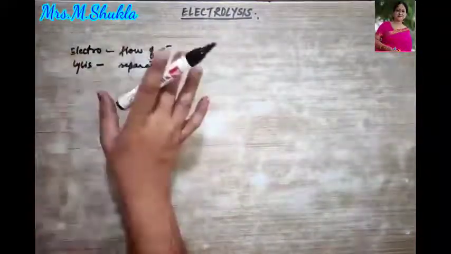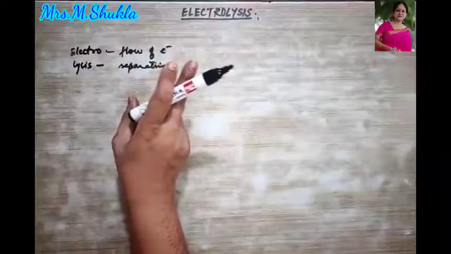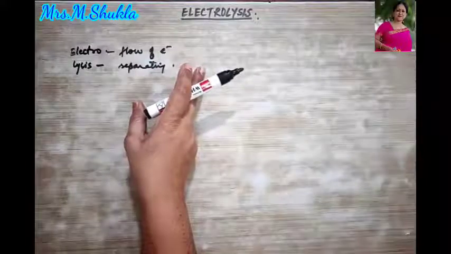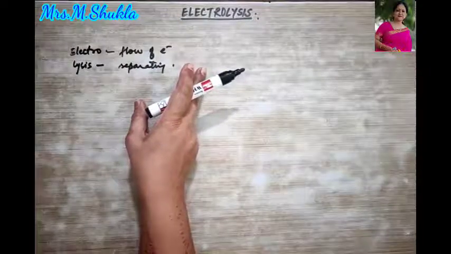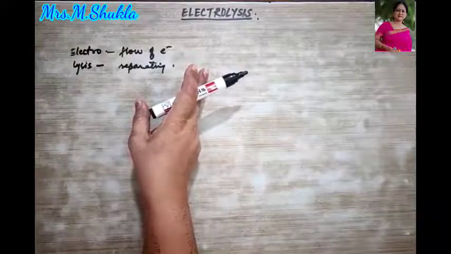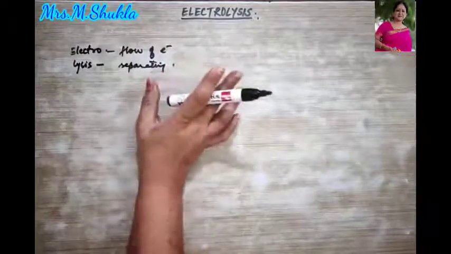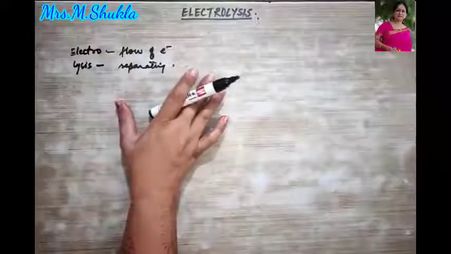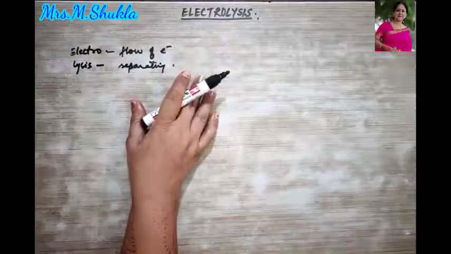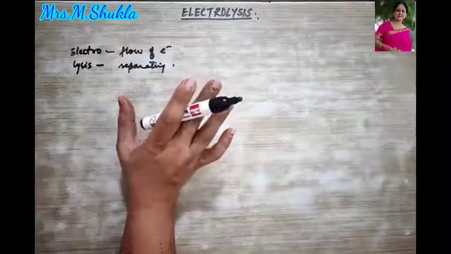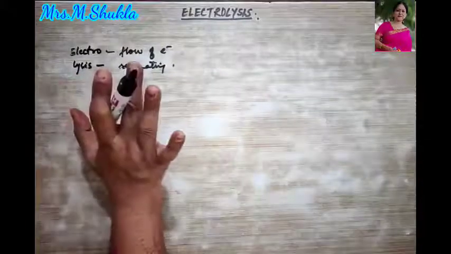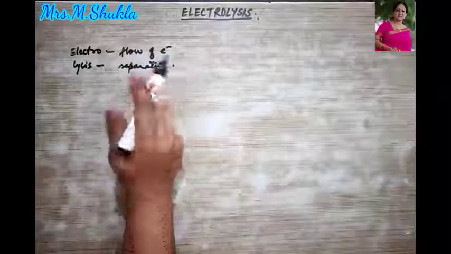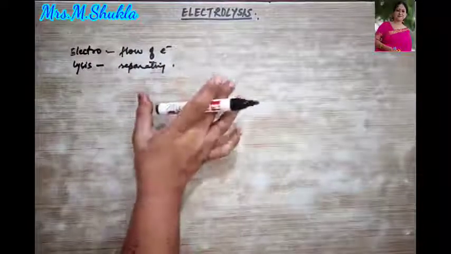There are many substances that allow electricity to pass through them, but there are also many substances which do not allow electricity to pass through them. It has been found that all the substances that allow passage of electricity, it is not necessary that they also undergo chemical change.